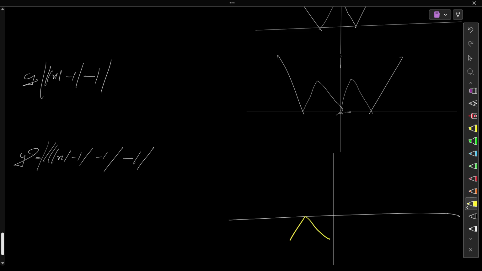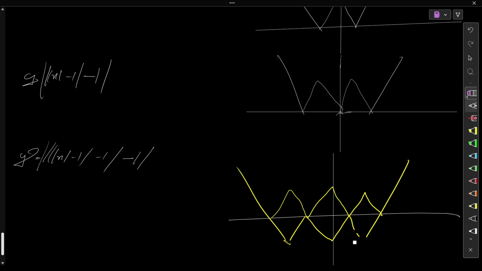This has been shifted down by 1 unit, and this will become like this. Yes, so we will erase the lower one.